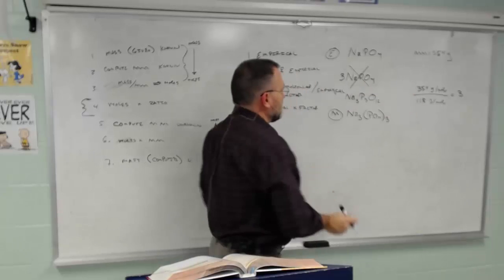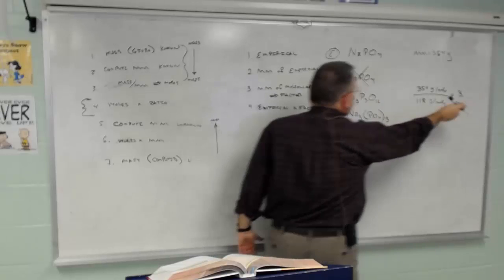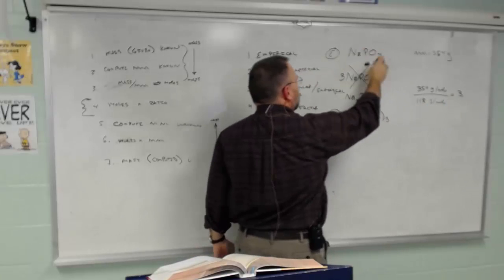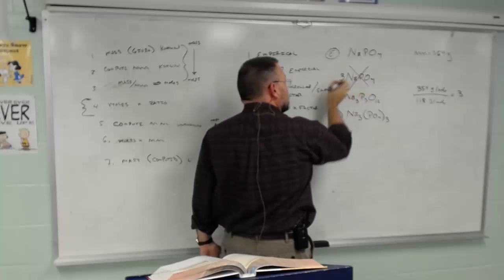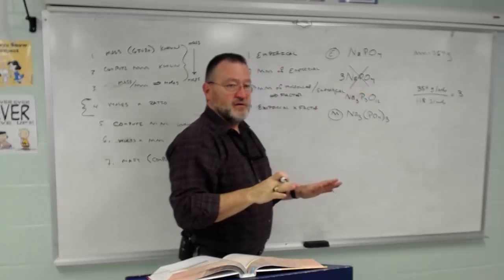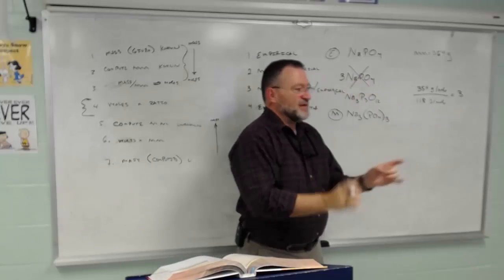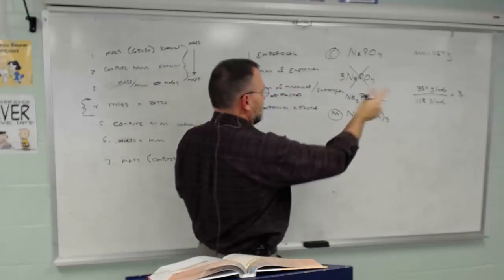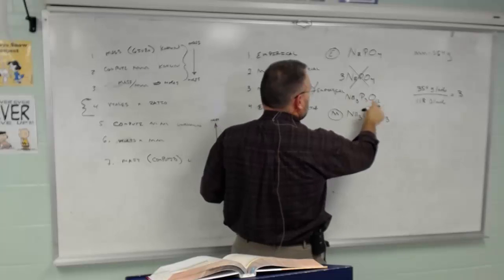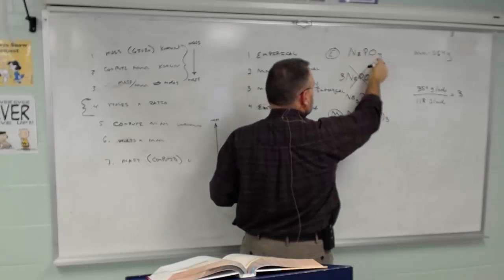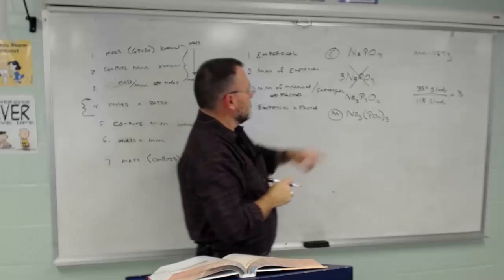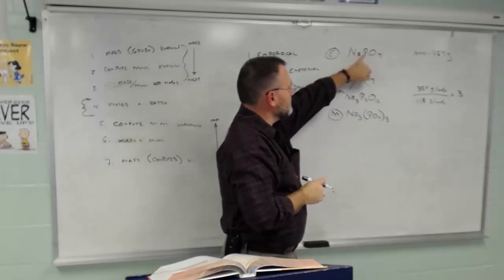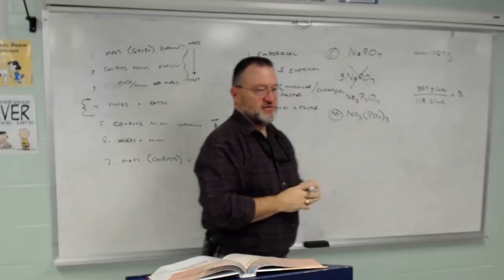Then we take that factor of 3, and we multiply the empirical by it, but not by putting the coefficient in front and saying we're done, because all of these have to be used up within one molecule. So what we have to do is apply the factor to each individual atom from the original. 3 times as many sodiums, 3 times as many potassiums, and 3 times as many oxygens.